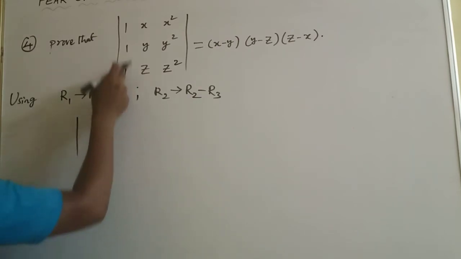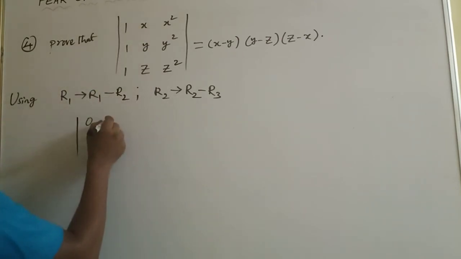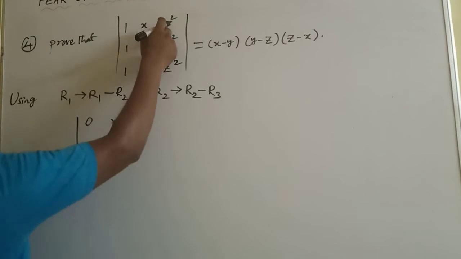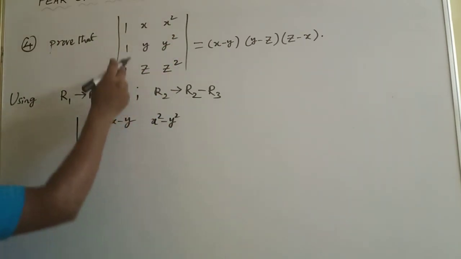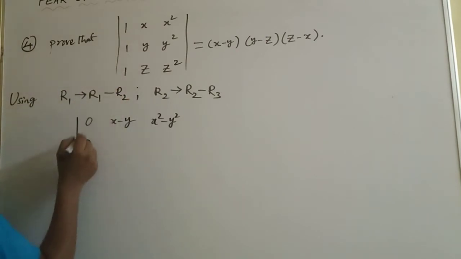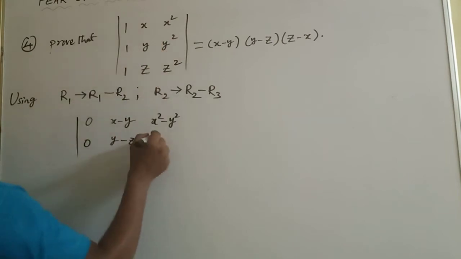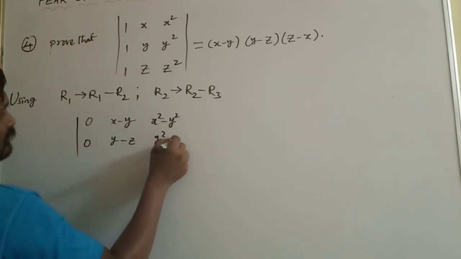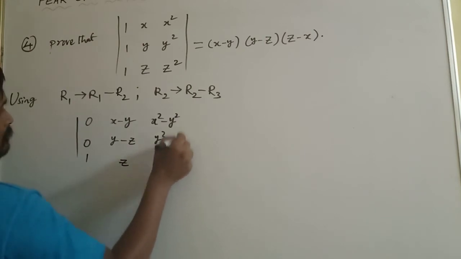Okay, so what we are going to write? First R1 minus R2, 1 minus 1, 0. Next x minus y, x square minus y square. Next 1 minus 1, 0, y minus z, y square minus z square, 1, z, z square.